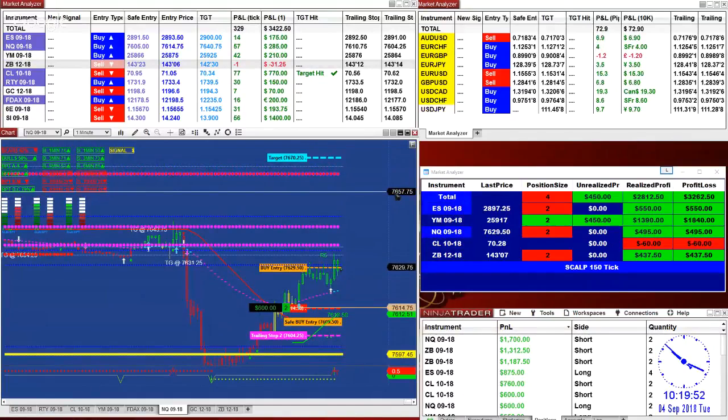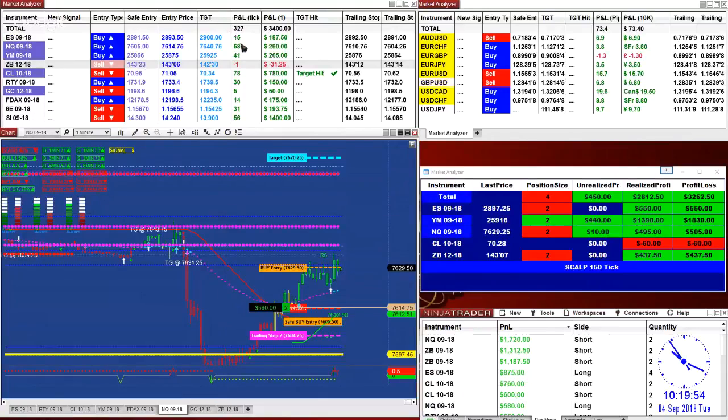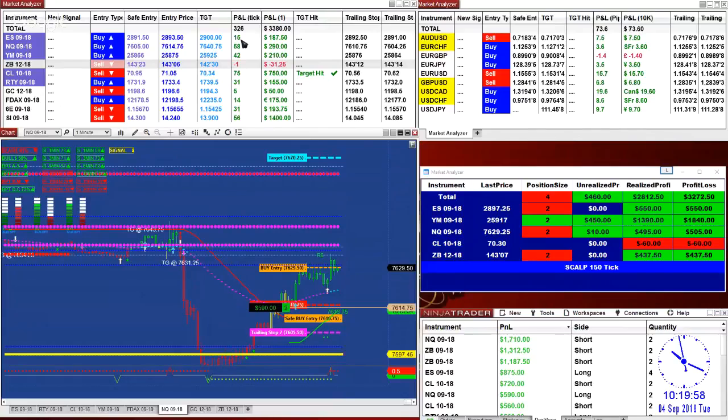Another thing is, if we hash the market today, those are the new signals that just came out here in the last 10, 20 minutes. If we look at the ES on the new entry, we have 16 ticks on the NASDAQ. Again, guys, keep your eye on the NASDAQ.